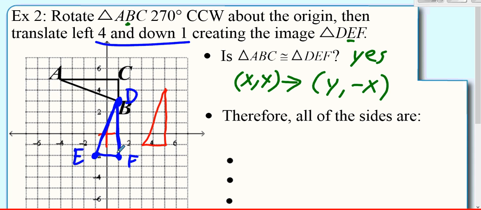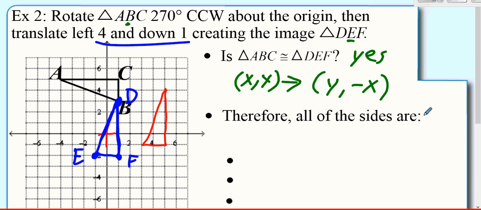So there it is after the rotation and translation. Yes, they are congruent because both rotations and translations are rigid. That means they're going to stay congruent. It's the exact same shape, just moved around.